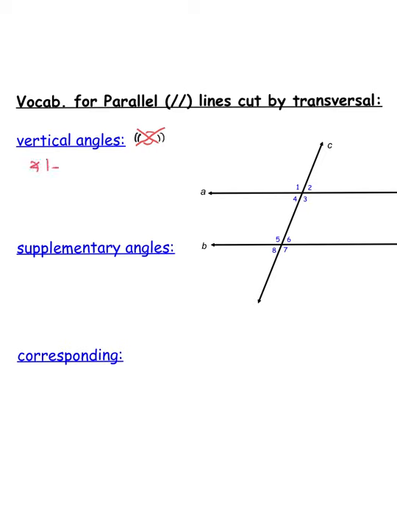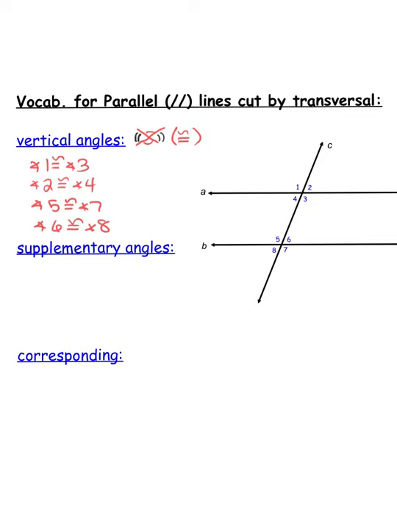We have angle 1 is vertical to angle 3, so they are congruent, and vertical angles are congruent. We have angle 2 vertical to angle 4, so they're congruent. Angle 5 is congruent to angle 7 because they're vertical, and angle 6 is congruent to angle 8 because they are vertical.